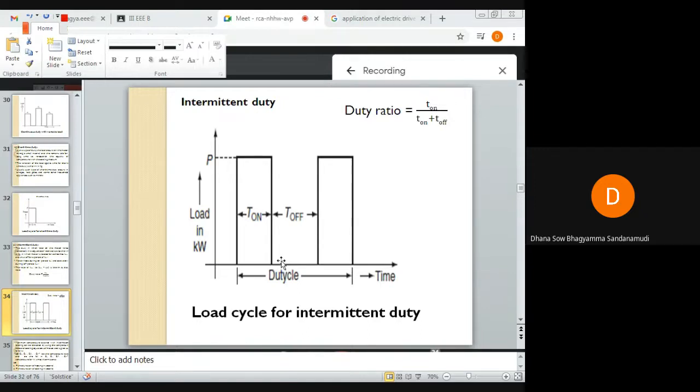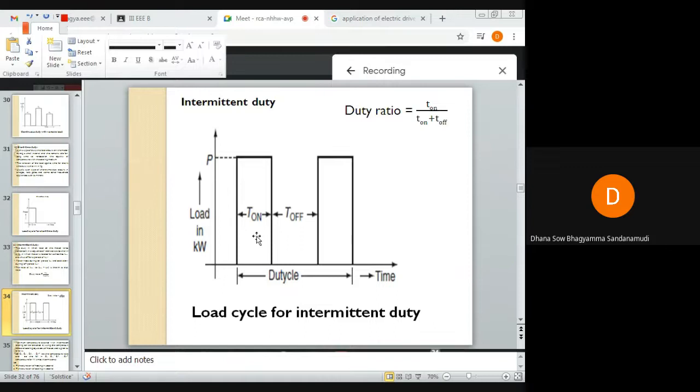You can see here, this is the on time, this is the off time, again this is the on time. This on time is equal to this on time. The maximum value during this on time is the same as the maximum value of this on time for the load with respect to time.